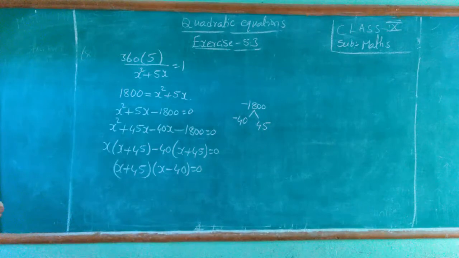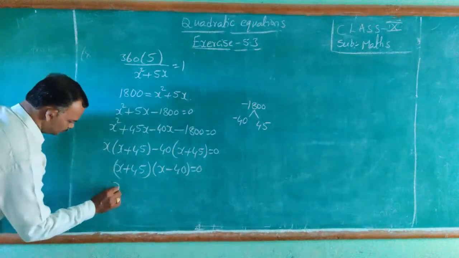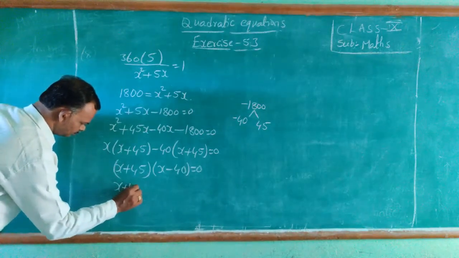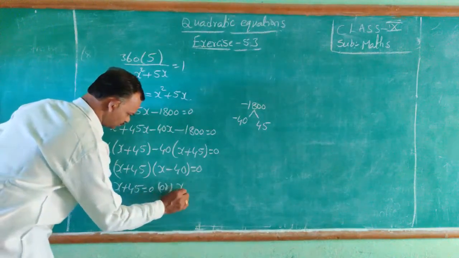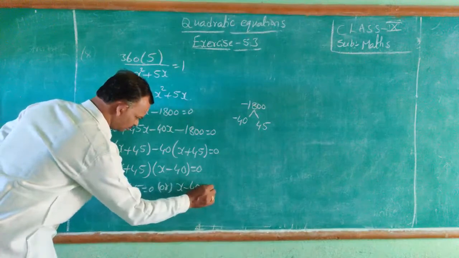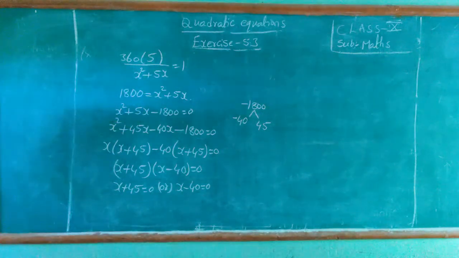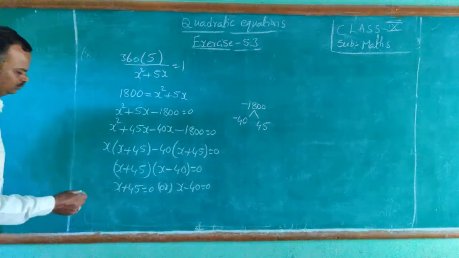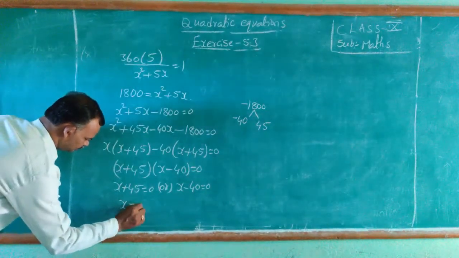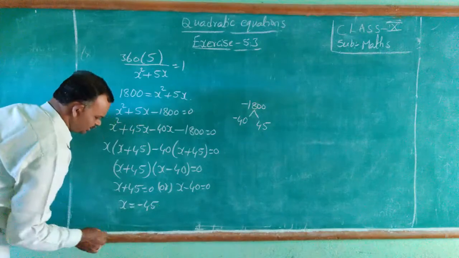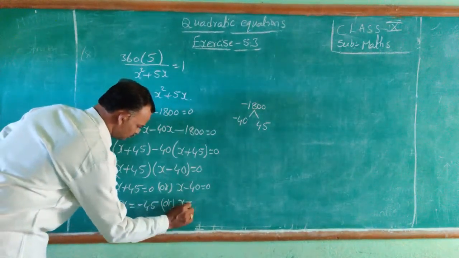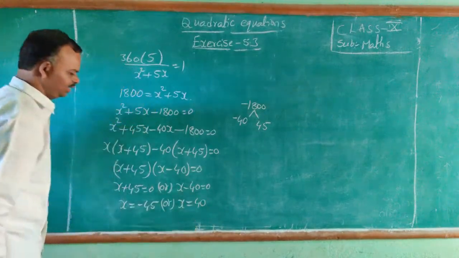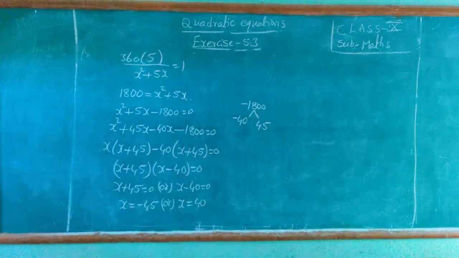Now equating each term to 0. X plus 45 is equal to 0 or x minus 40 is equal to 0. X is equal to minus 45 or x is equal to 40.